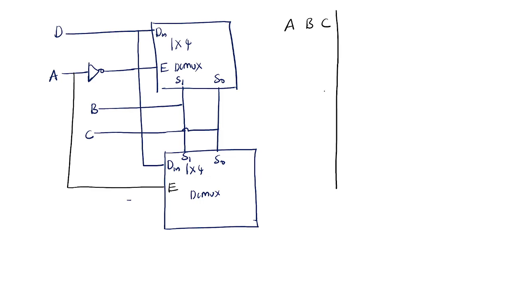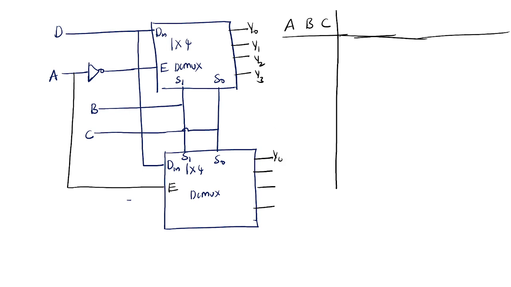How many outputs? 1, 2, 3, 4, 1, 2, 3, 4. Eight are there: Y0, Y1, Y2, Y3, Y4, Y5, Y6, and Y7.